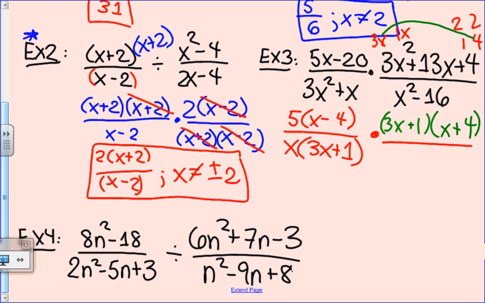On the bottom, x squared minus what squared? 4 squared. So x squared minus 4 squared. These are factored. Alright, something to cross off right here. x minus 4, x minus 4.